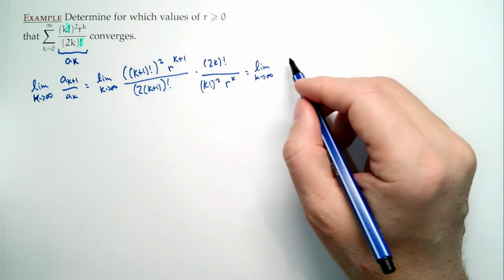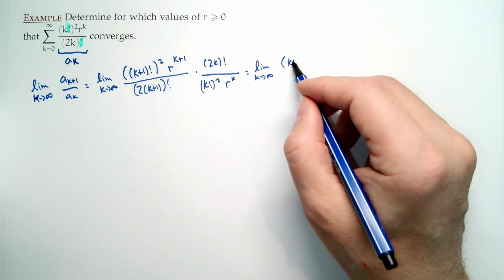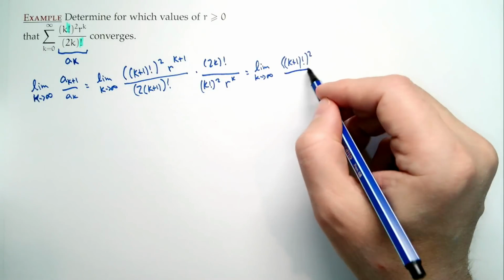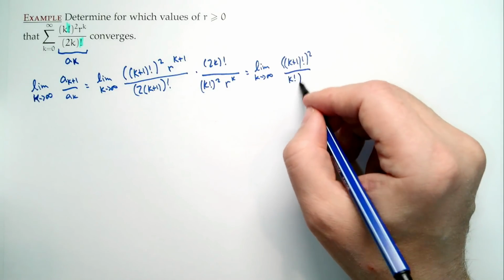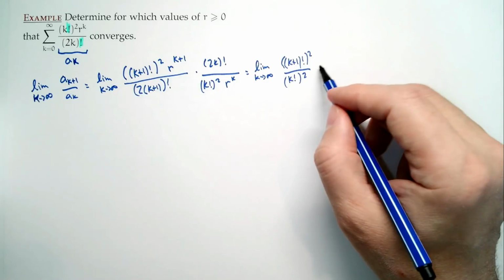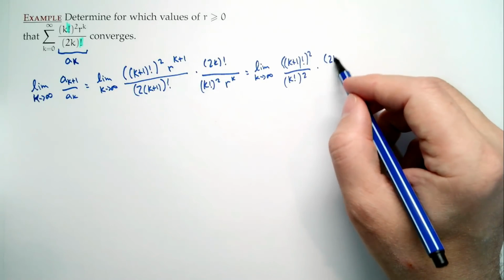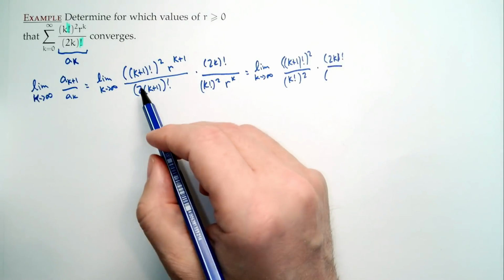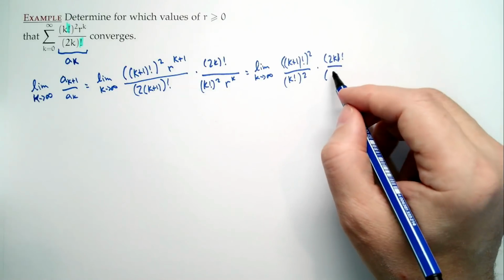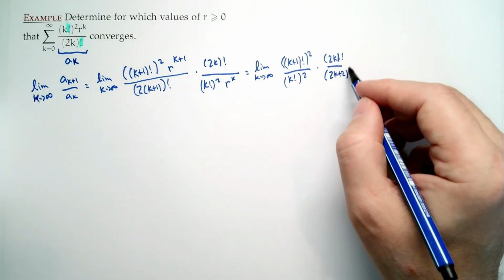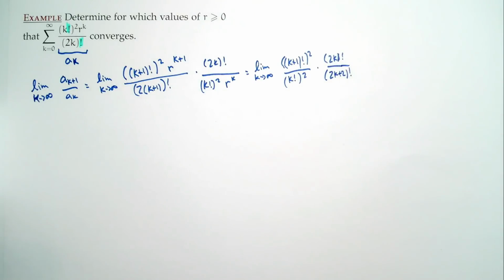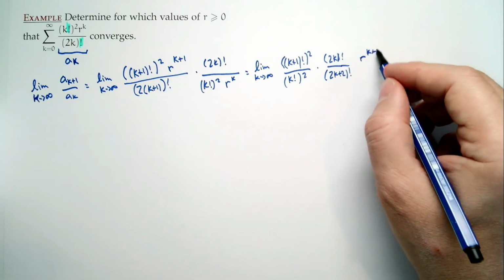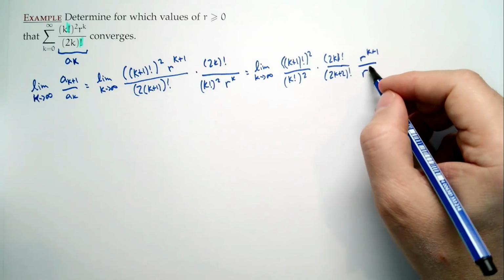So, for instance, I'll have the k plus 1 factorial squared, and underneath that I'm going to put the k factorial squared. I'll put the next factorial, 2k factorial, divided by, here I'll go ahead and multiply the 2 through, so that's going to be 2k plus 2 factorial. And then the last part, that's r to the k plus 1 divided by r to the k.